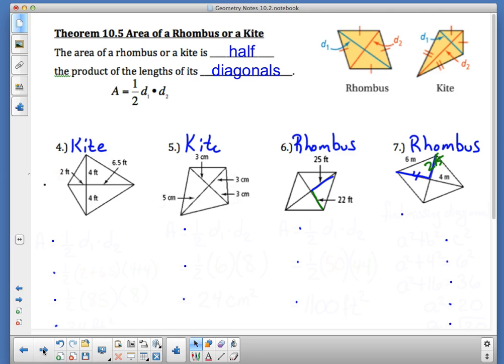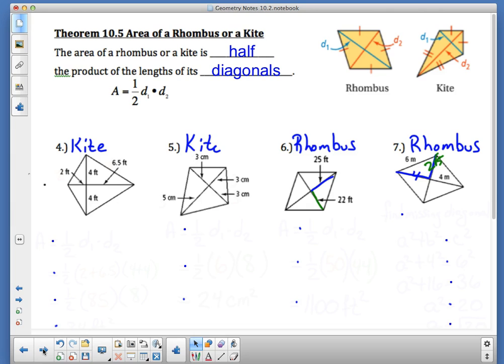Because of that, this area formula with the product of the 2 diagonals divided by 2 has evolved to that. Okay, it's kind of a neat deal. Any 4-sided figure that has perpendicular diagonals, if you know the length of the 2 diagonals, you can find the area. Even if it can't be categorized as a kite or rhombus.